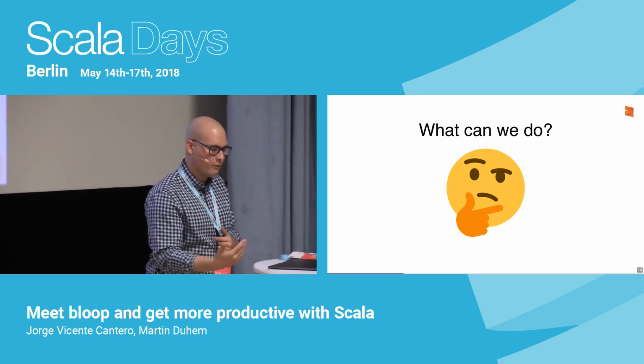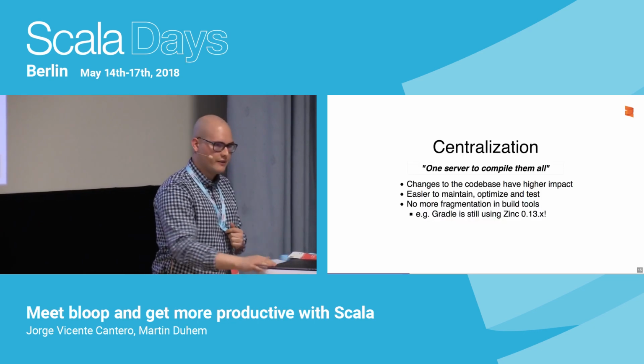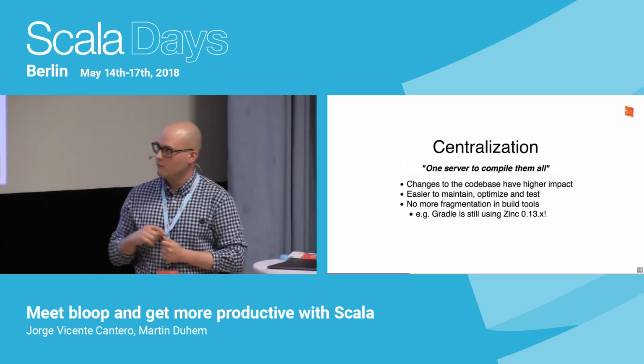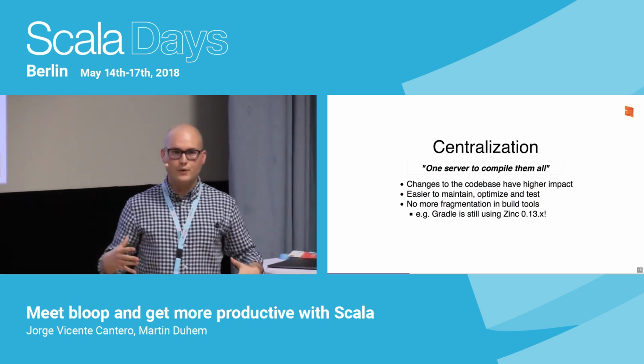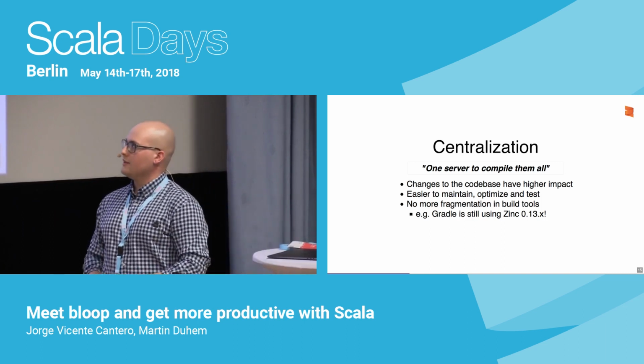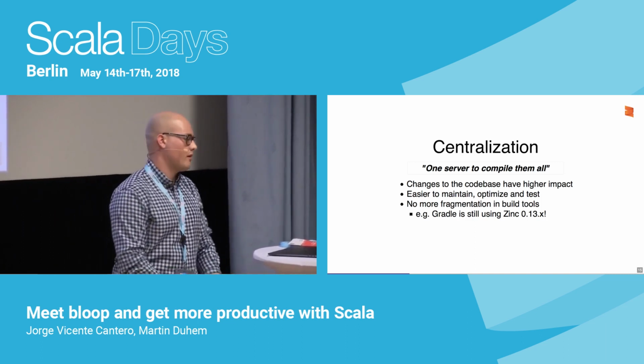So what can we do? What are the solutions? The only solution that we saw 4 months ago was centralization. We want to expose compilation as a service, and we want a server to compile all the programs.